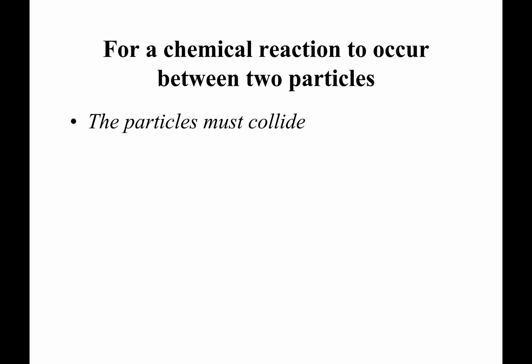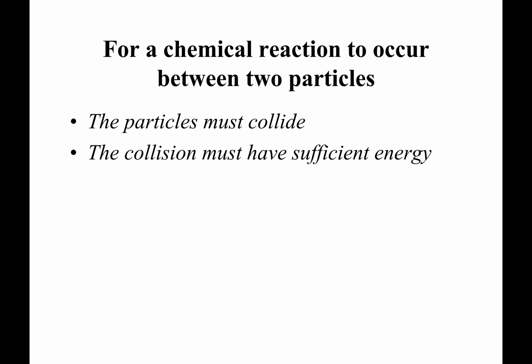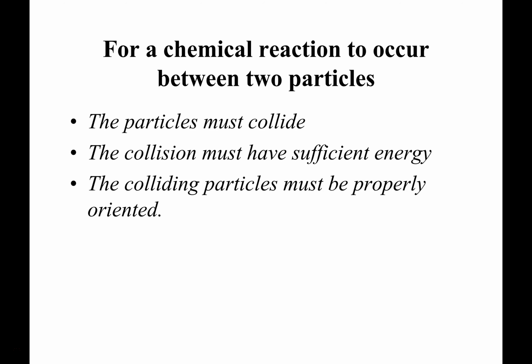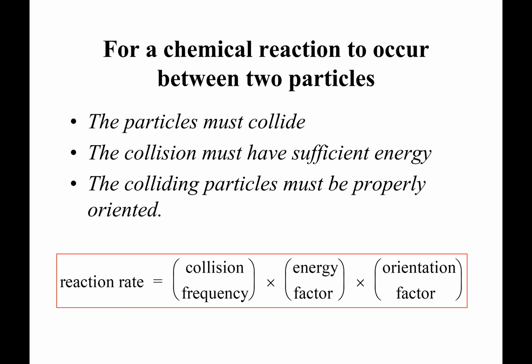Going clear back to the beginning of this subject, we said in order for reactants to go to products, first the particles need to collide, then the particles need to have enough energy once they collide, and they need to be oriented properly, sometimes tail to tail or head to head. With all this in mind, it's surprising any chemical reactions ever happen.